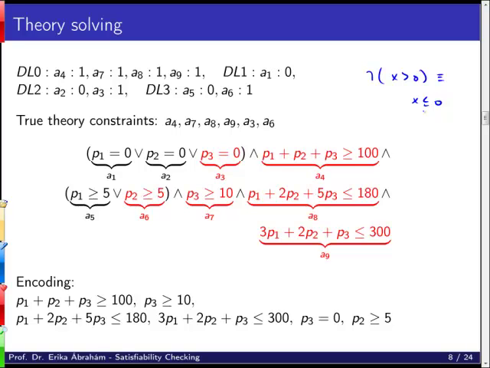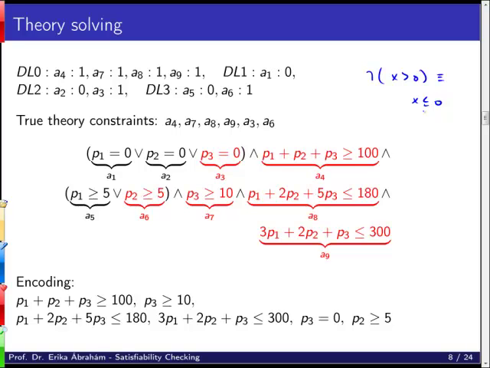But here would be now 6 constraints, and the subsolver, so this one, P3 equals 0 and P3 larger or equal to 10 together are not satisfiable, it could try it again. For example, by making A6 false and A5 true.